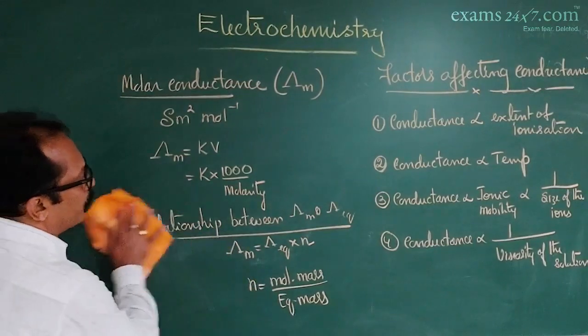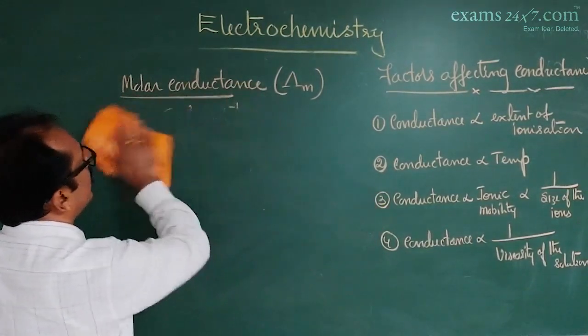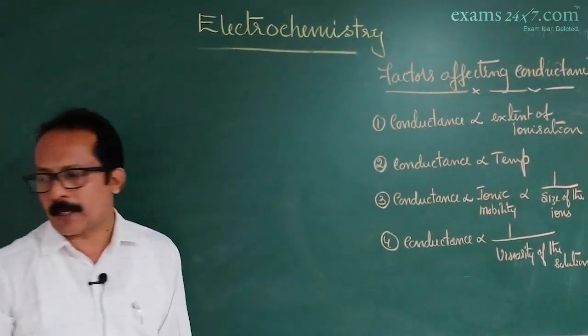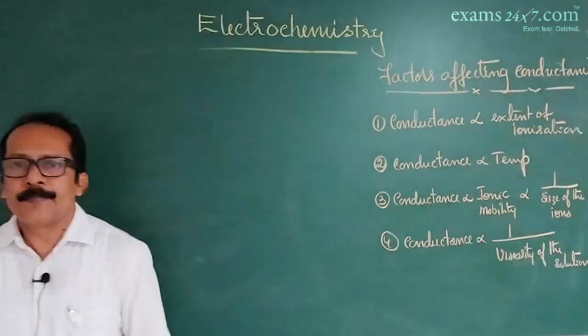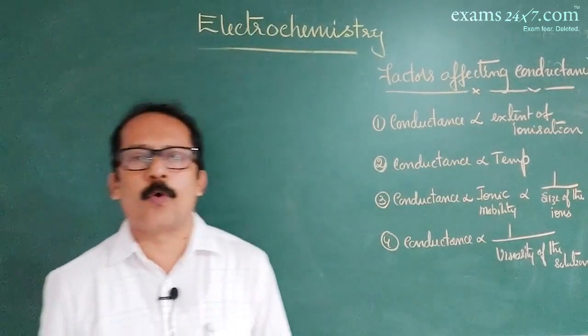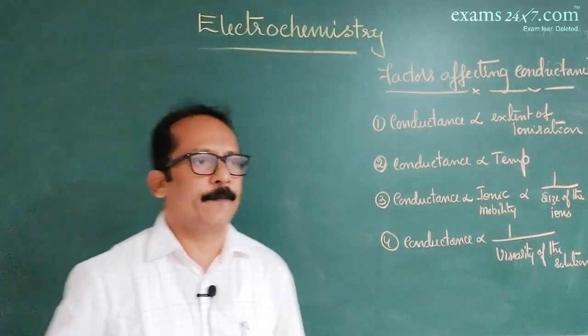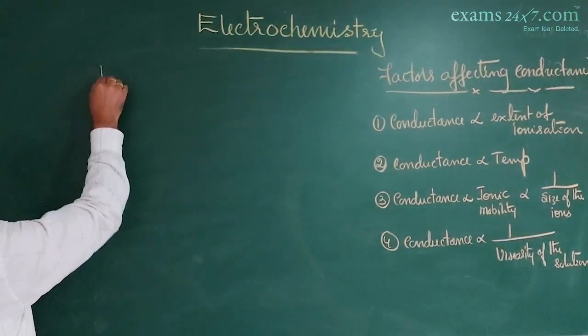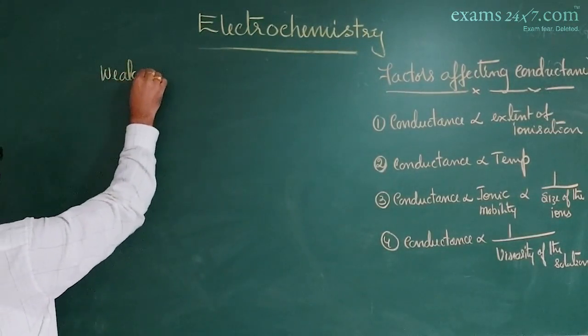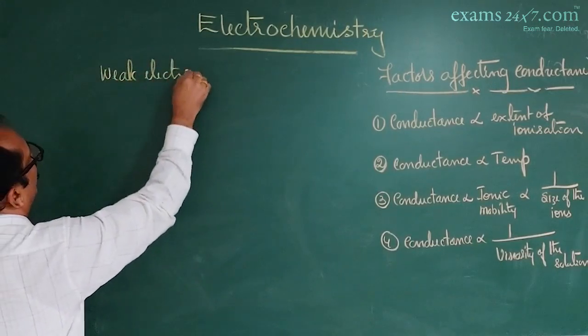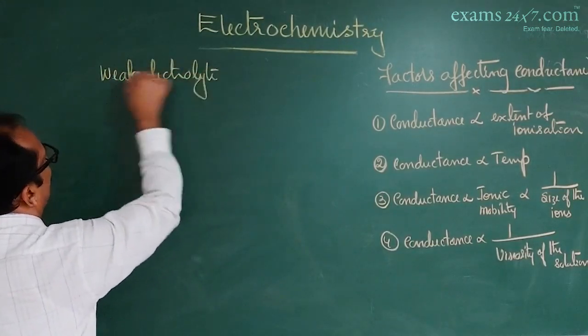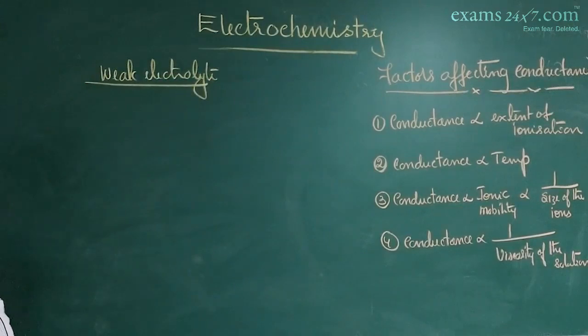Next, about the nature of electrolytes. There are two types of electrolytes, weak electrolytes and strong electrolytes. Electrolytes that dissociate partially when dissolved in water are called weak electrolytes. Weak acids and weak bases are examples of weak electrolytes.